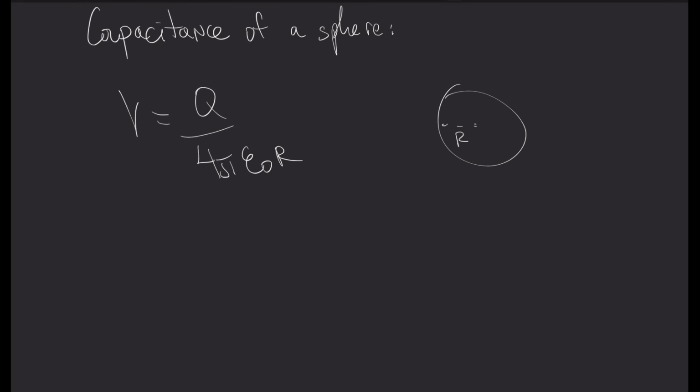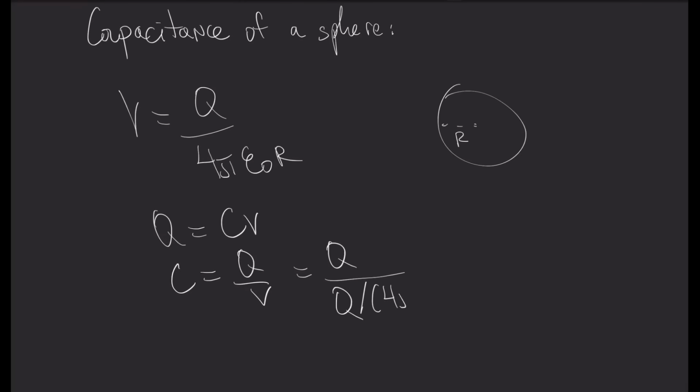However, Q is equal to CV, meaning that C will just be Q over V. So this here will be Q, and V was Q over 4 pi epsilon naught r. Well, these Q's are going to cancel.